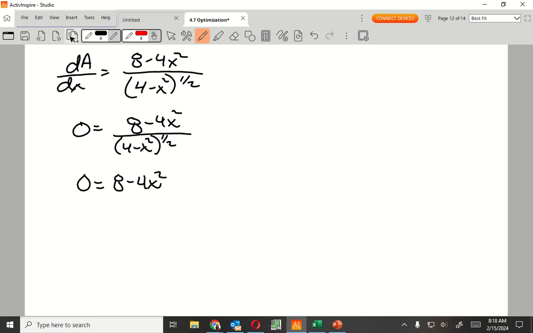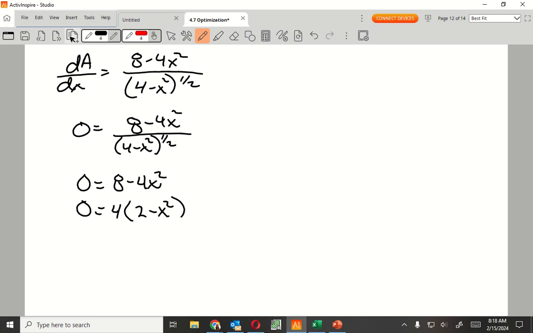Can I factor anything? Yeah, I can factor out a 4. So if I factor out a 4, I'm going to be left with 2 minus x squared. And by factoring that out, that's going to clean up that 4 also, right?